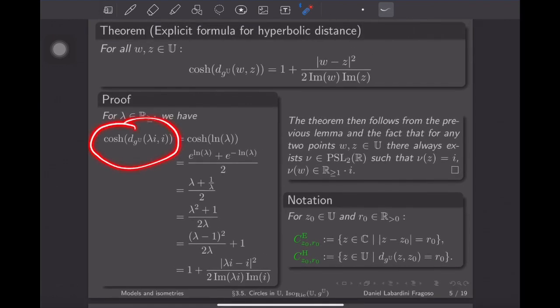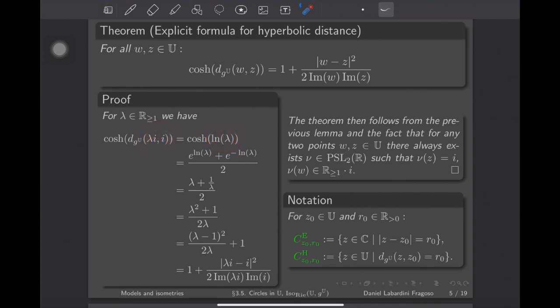Here, the hyperbolic cosine of this distance is the hyperbolic cosine of the natural logarithm of lambda, because of the formula from the previous lecture, that the distance between aI and bI, for b greater than a, was precisely the natural logarithm of b divided by a. So here it is the natural logarithm of lambda divided by 1.